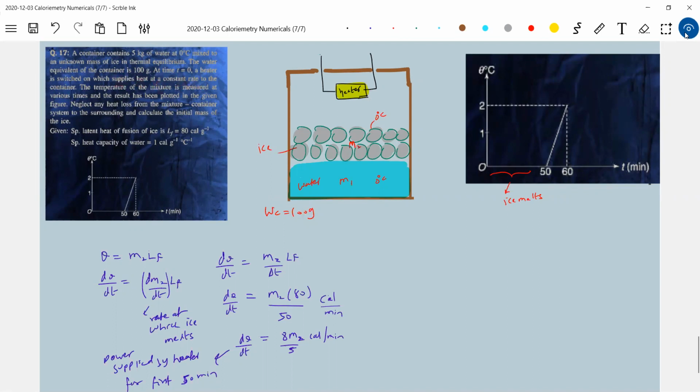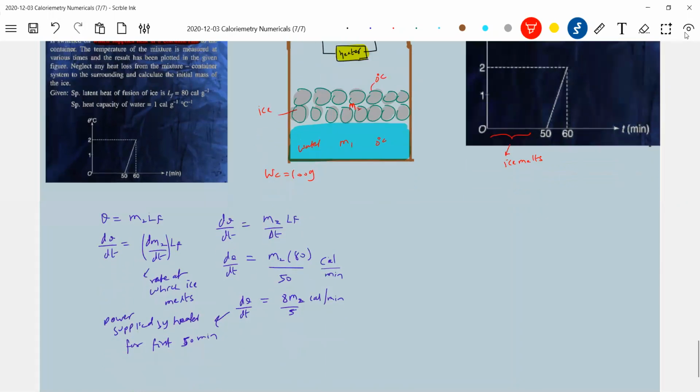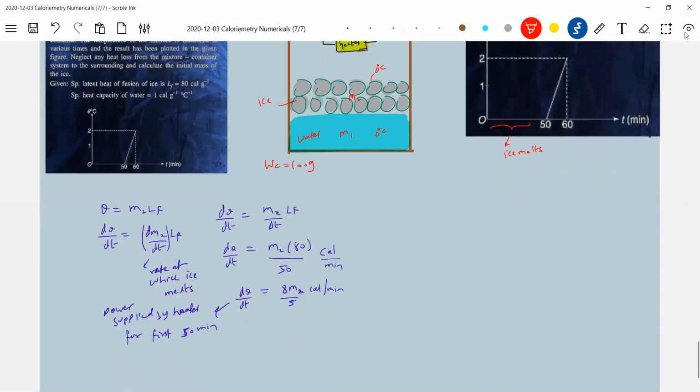Power supplied by the heater for the first 50 minutes is a constant power.